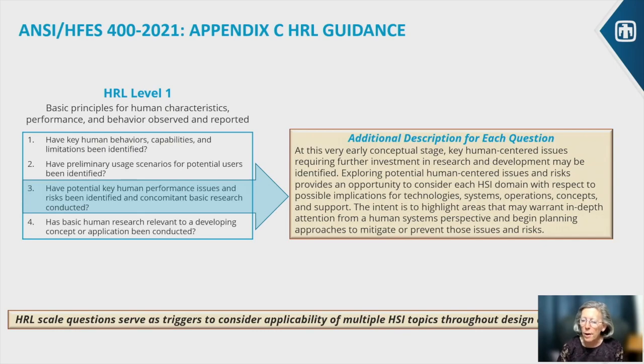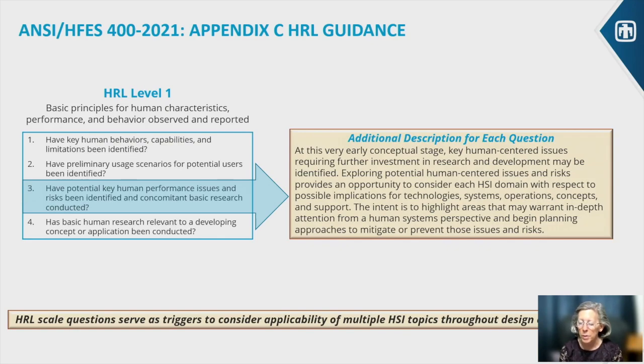And one other thing to point out about the questions in this Appendix C. These are not questions about how you design a particular technology or system for human use. These are questions that are meant to serve as triggers, indicating, while you were looking at human systems use, did you think about this factor?